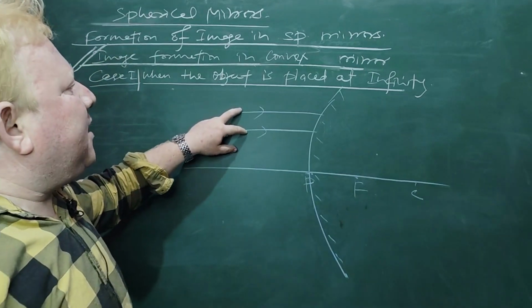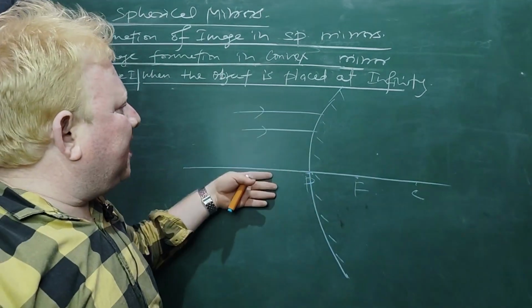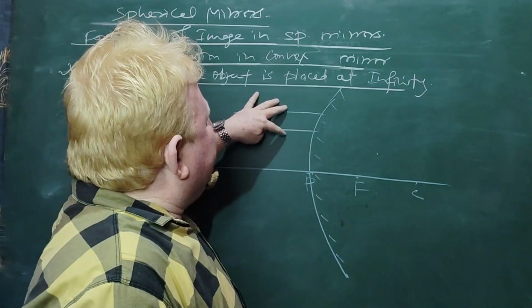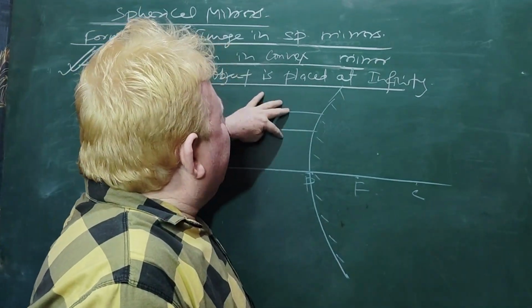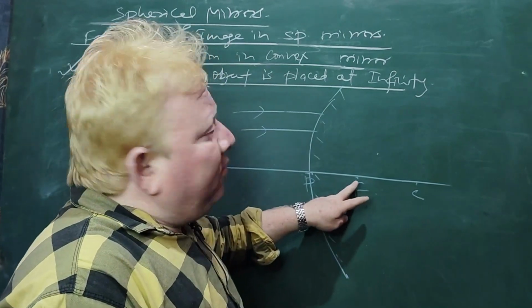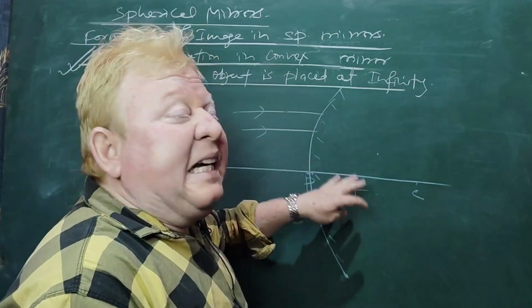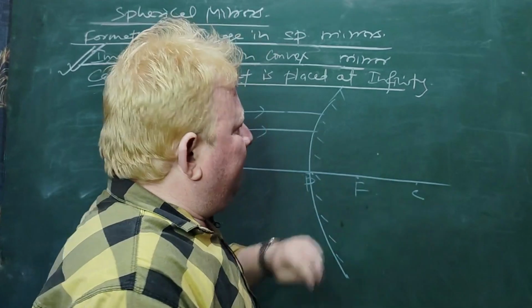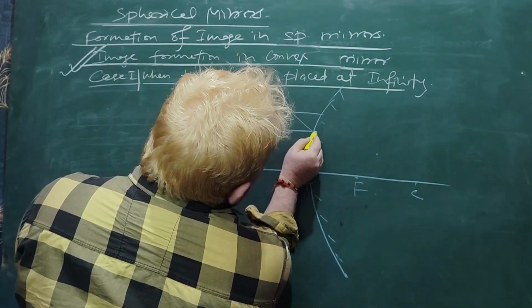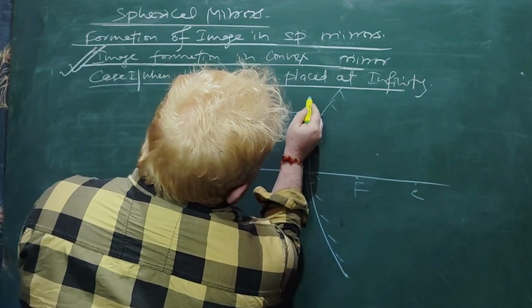You see these two light rays are coming from infinity. Of course they are parallel to the principal axis, and we have read that rays coming parallel to the principal axis, after reflection either meet exactly at focus or appear to meet. So here in this case these two rays will appear to meet at focus.